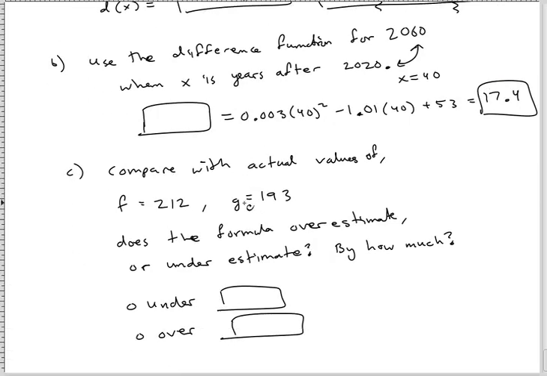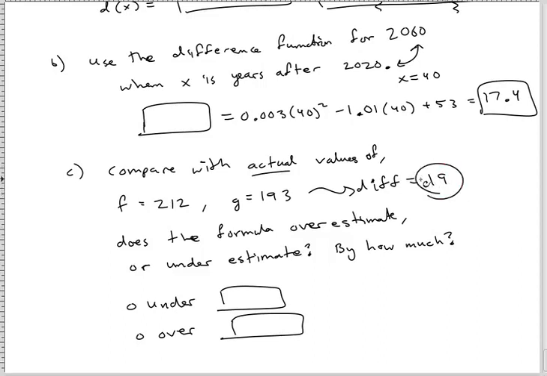Part C now says compare with these guys. My original F and G values would be these guys. These are the actual values. And then we have our formula. Does it over or underestimate and by how much? The difference for these guys would have to be a subtraction as well. So I'm subtracting those two, and I got 19.